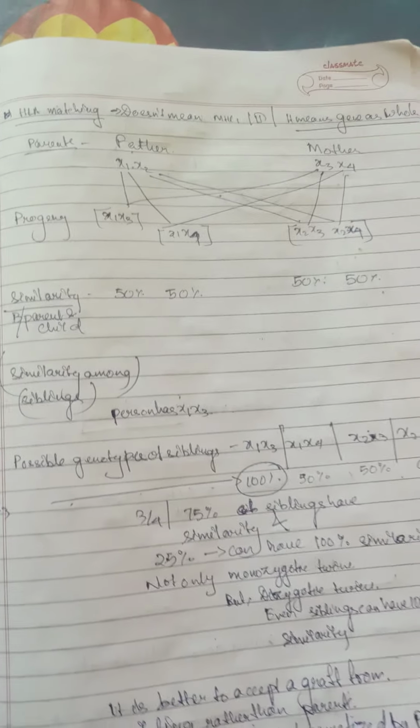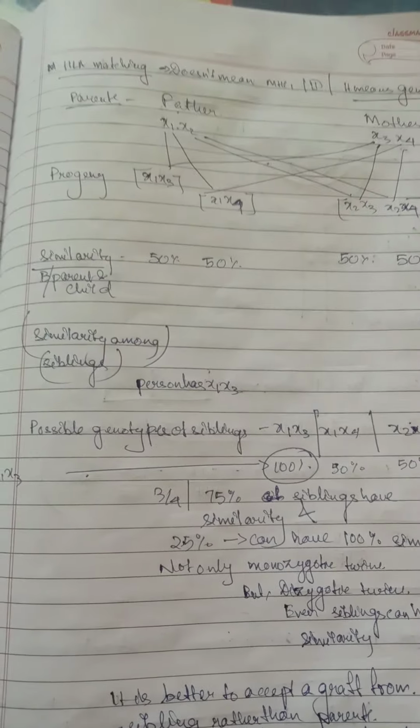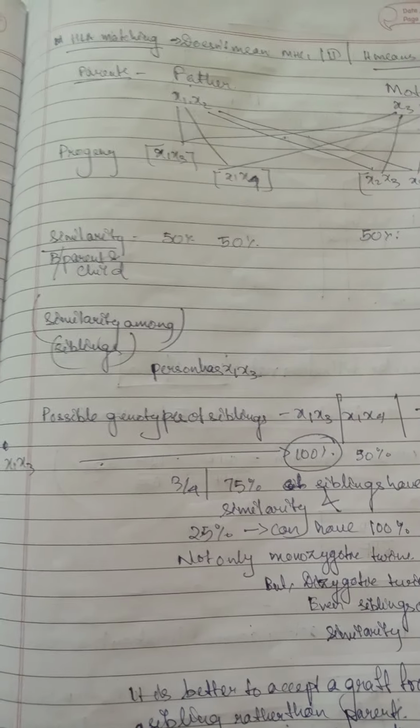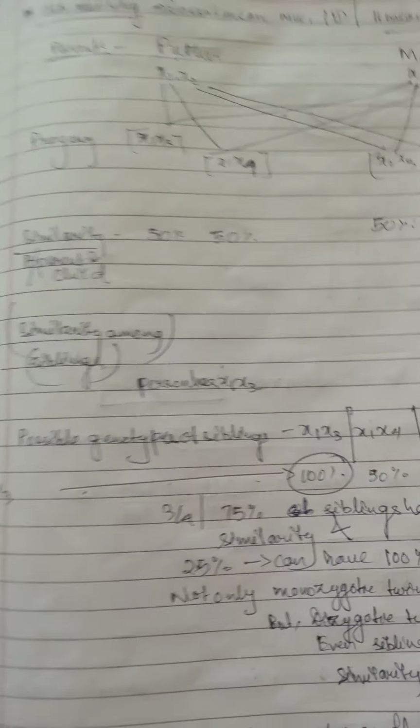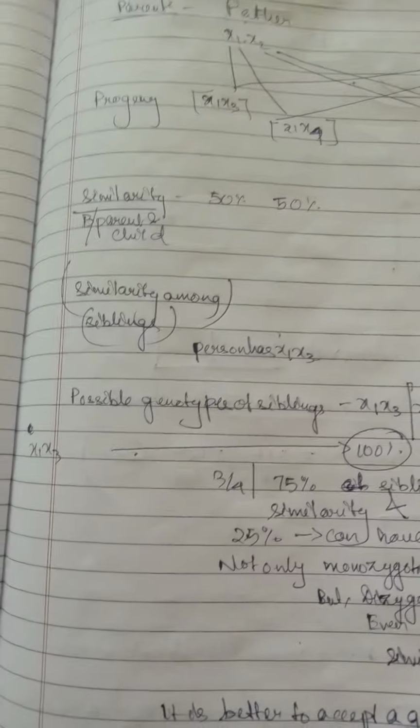So it's about understanding, and it is essential in understanding host versus graft reaction and graft versus host disease, which are potential questions in the pathology exams of the second MBBS.